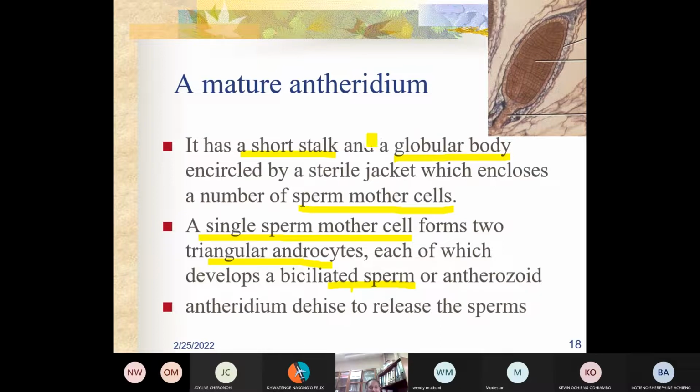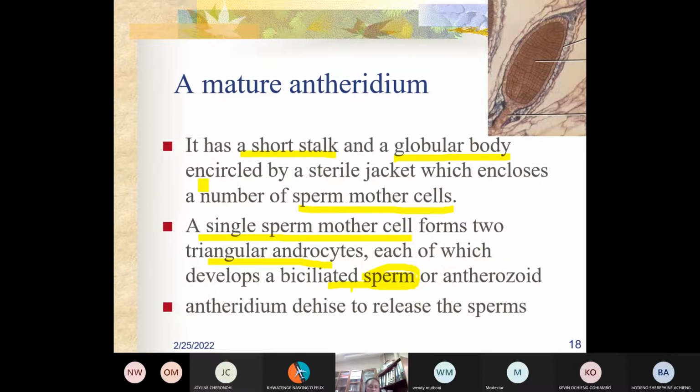Remember that gametes are not formed by meiosis, okay? So meiosis had already happened before. So these will form cells. The sperm are formed by a mitotic division, not a meiotic division.